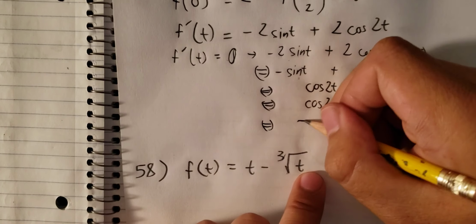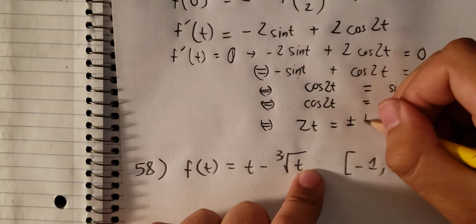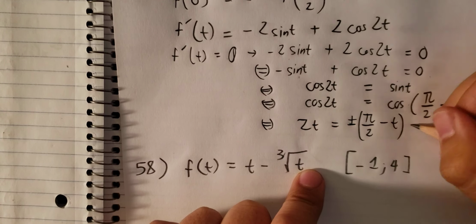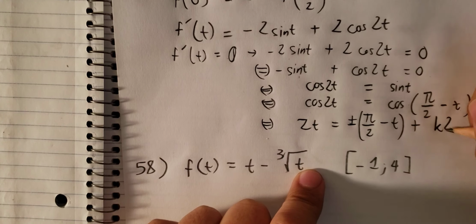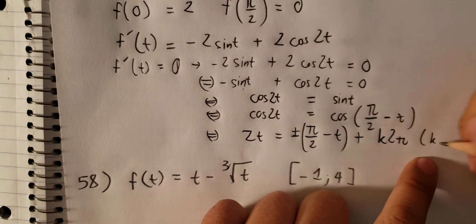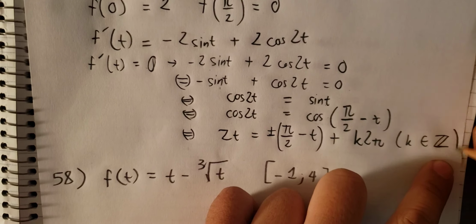We have 2t equal to positive or negative pi over 2 minus t, plus k 2 pi. In this case, k should be an integer.